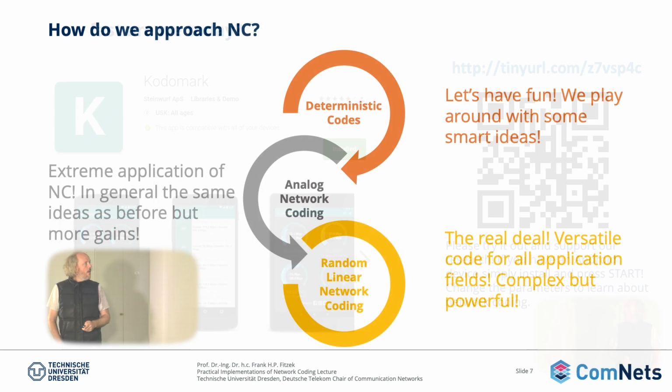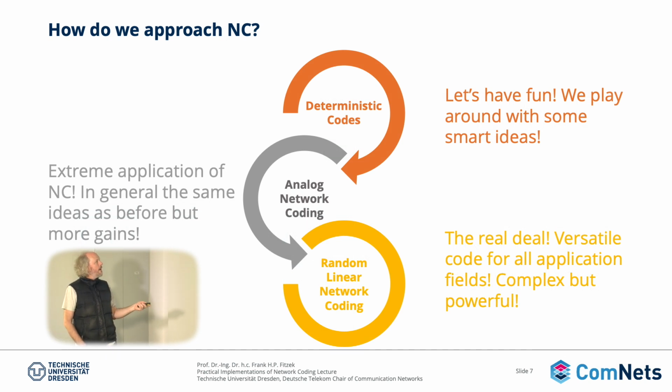For the next lectures, I think we have 3 basic pillars. One is deterministic codes and network coding, then analog network coding, and later random linear network coding. And only the last pillar is what we are interested in. The other 2 are just to understand network coding in a better and very quick way. There are a lot of illustrations that you can use. For implementations, they are not so important, but it's very nice to understand where it came from and what you can do with it.